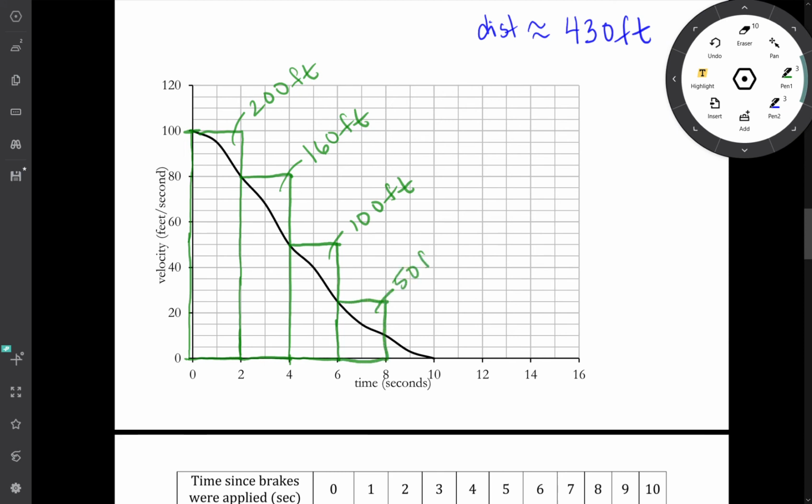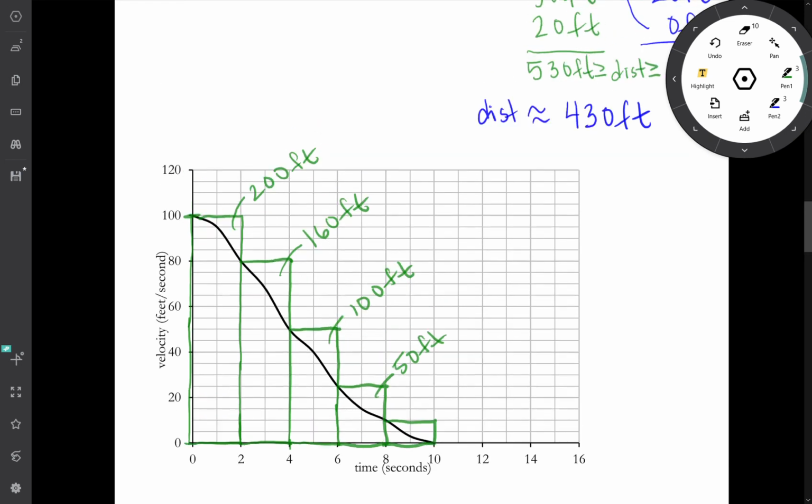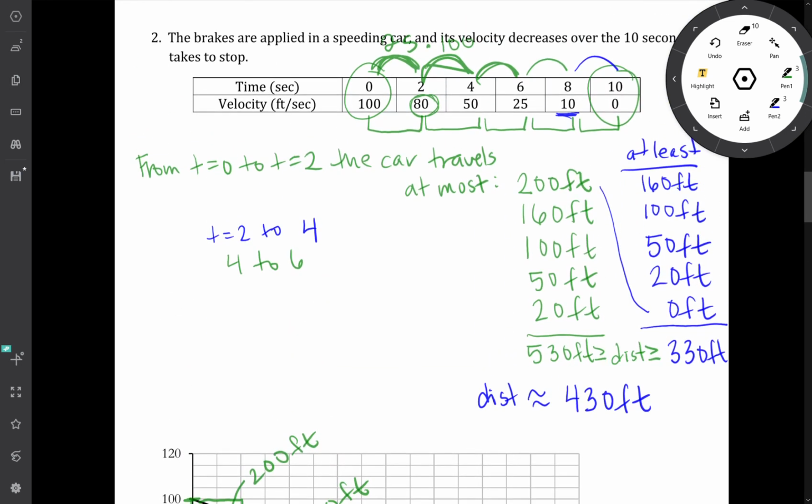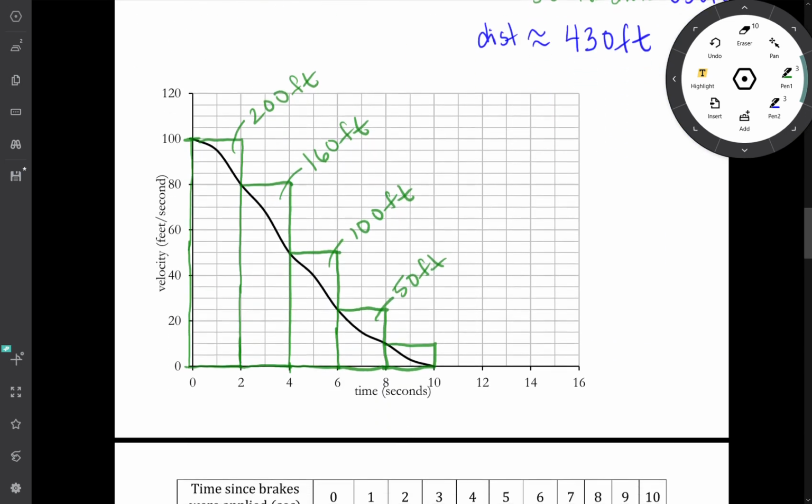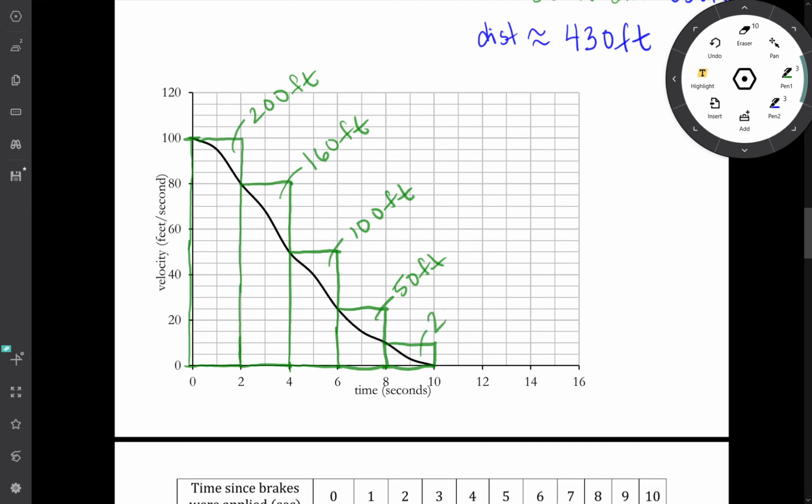Here's our 50, and then last one here, we had 8 to 10 seconds. Our maximum speed was this 10 feet per second, and that gave us a total of 20 feet. Okay, so this is our overestimate, this area that's trapped by these green things.